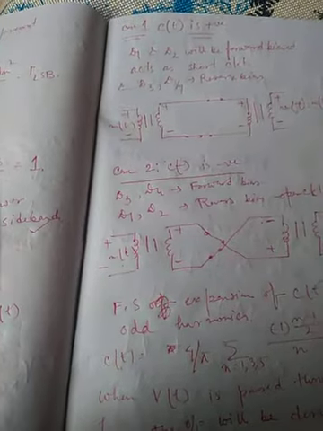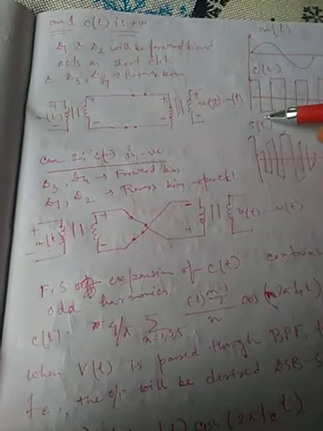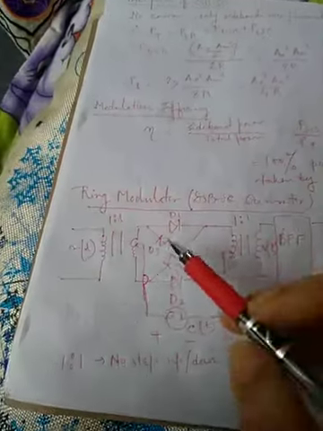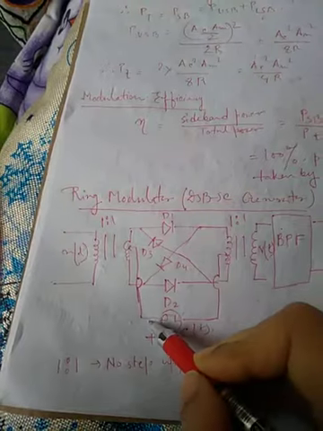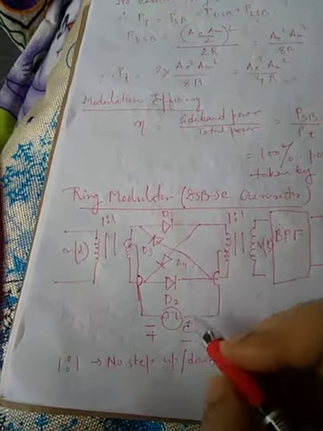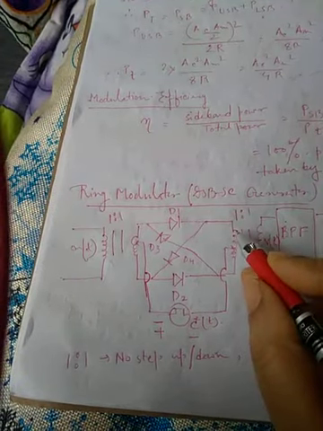Now in case 2, when c(t) is negative, that is when we are getting the negative pulse of the carrier, what will happen to D3 and D4?